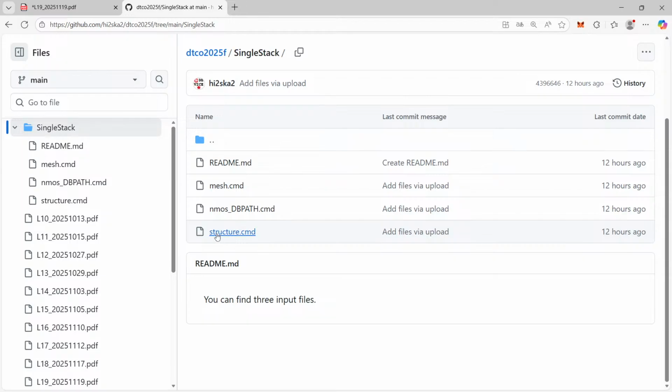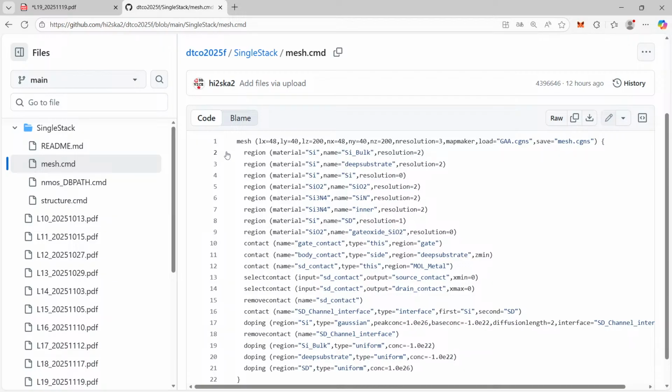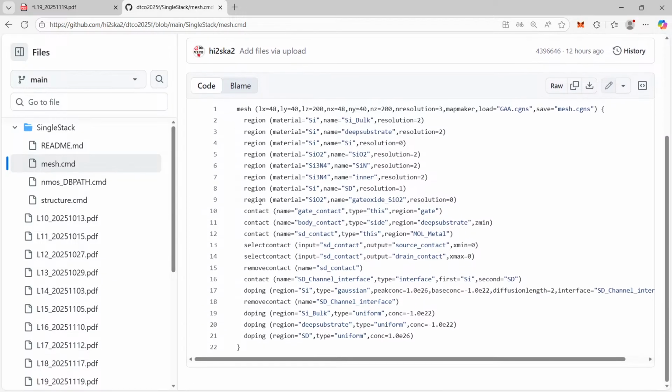So by running Ångström Craft with this structure.cmd file, you can have the simplified single stack nanosheet. After that, when you run once again Ångström Craft with this mesh.cmd, then now you can generate the same device but with internal mesh points.